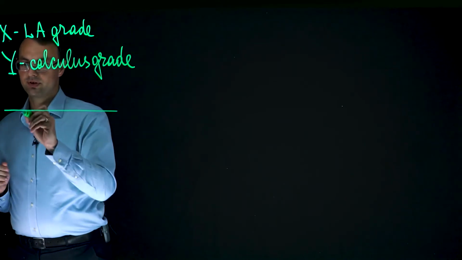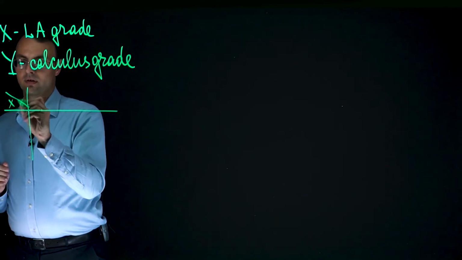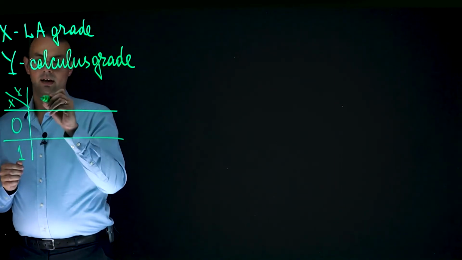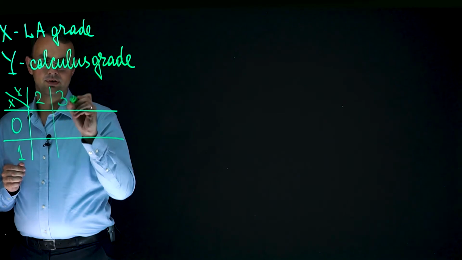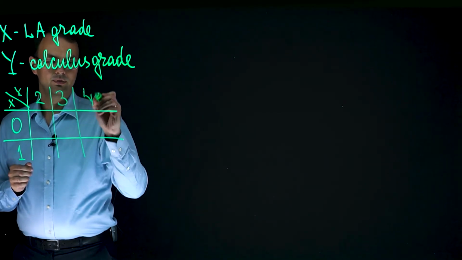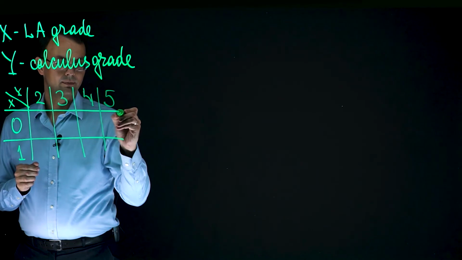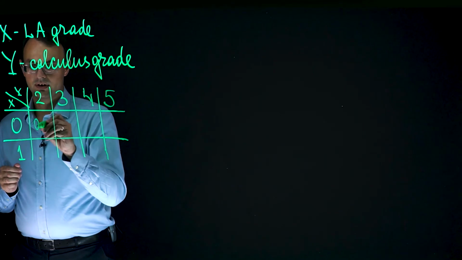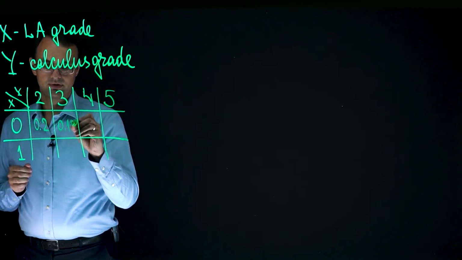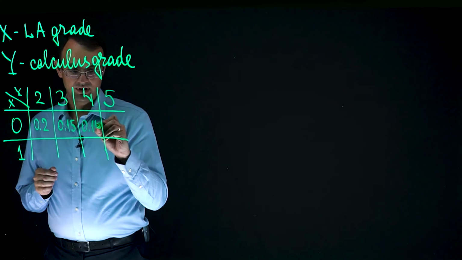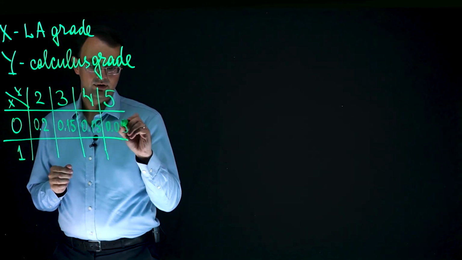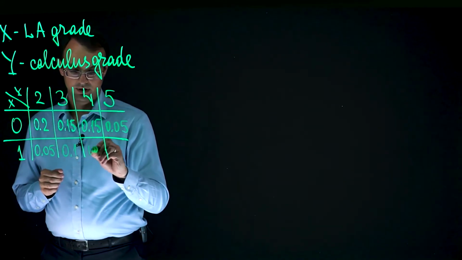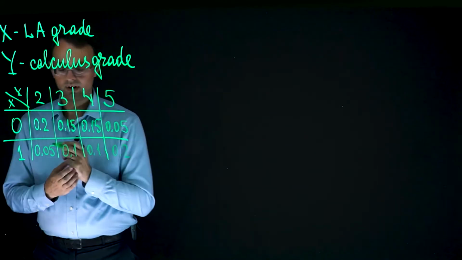So we have the joint distribution. X can be 0 or 1, and y can be 2 or 3 or 4 or 5. And the probabilities are namely 0.2, 0.15, 0.15, 0.05 here, and 0.05, 0.1, 0.1, 0.2 here.